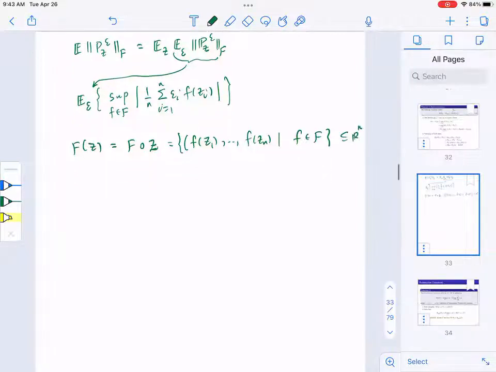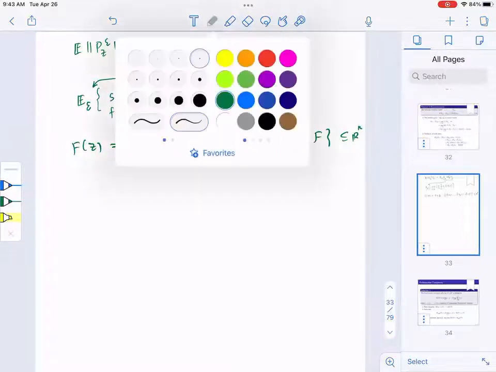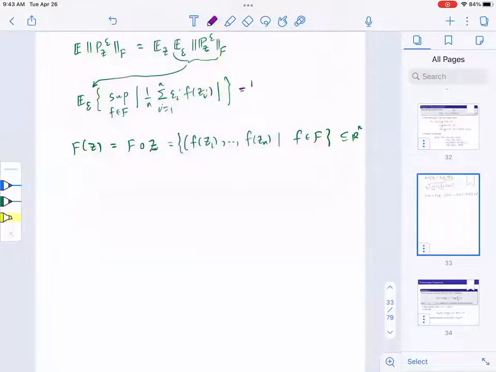This can be written as 1 over n, expectation over epsilon, supremum over t in F∘z of the absolute value of the summation i from 1 to n of epsilon_i t_i, where t is a vector in R^n.